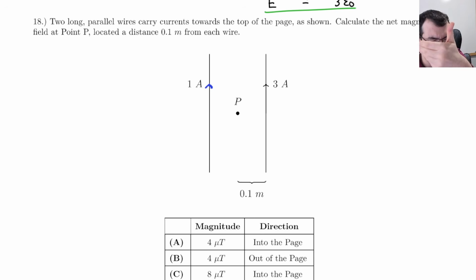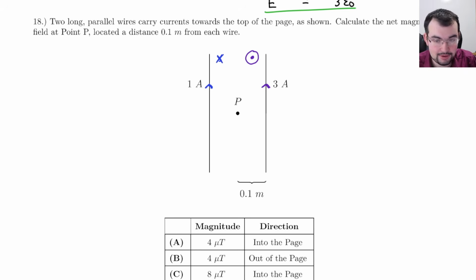So actually to the right of the wire, my fingers curl into the page for that wire, and it'll be the opposite for my 3 amp. They actually pop out of the page, and since 3 amps is bigger, I'm going to draw this as a big circle. So I actually know my net field is going to be out of the page.